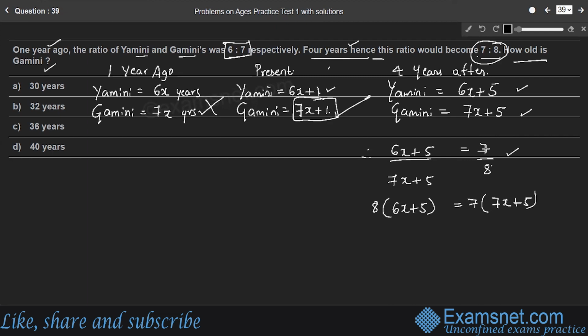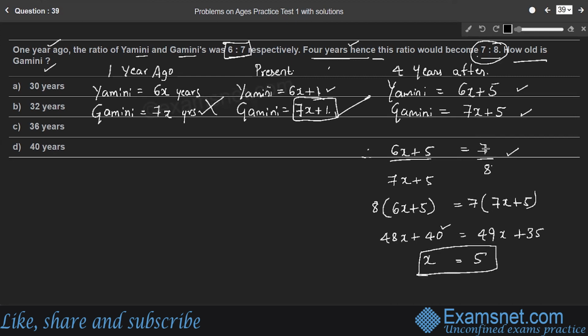So 48x plus 8 into 5, which is 40, is equal to 49x plus 7 into 5, which is 35. So 49x minus 48x is x, is equal to 40 minus 35, which is 5. So the value of x is 5.